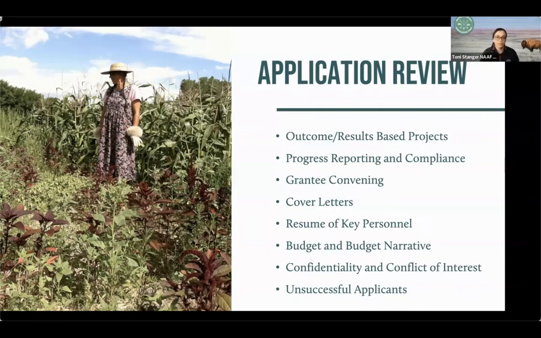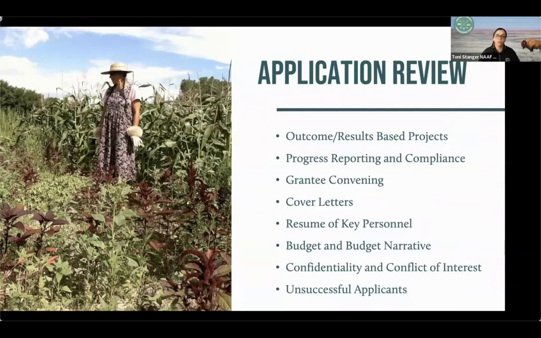And so those are things we look at when we look at your resume and key personnel, and then we look at your budget to know that if you're engaging maybe an environmental consultant, that environmental consultant is tribal. If you're not using a tribal consultant, then explain to us that the person you're hiring has been working with tribes for a number of years, that they focus exclusively on working with tribes.